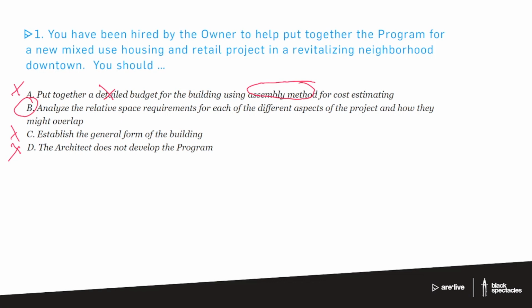Everybody wants conference rooms and team spaces, and everybody wants a place for the copiers and all of that. Well, maybe you can make one conference room that works with 3 different departments instead of having 3 separate conference rooms. One of the points of the program is to find those pieces of information about those potential overlaps. So B is the answer.